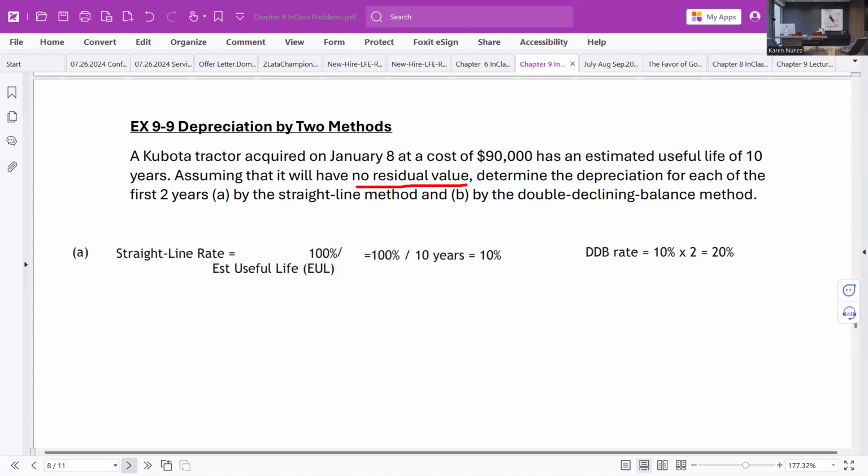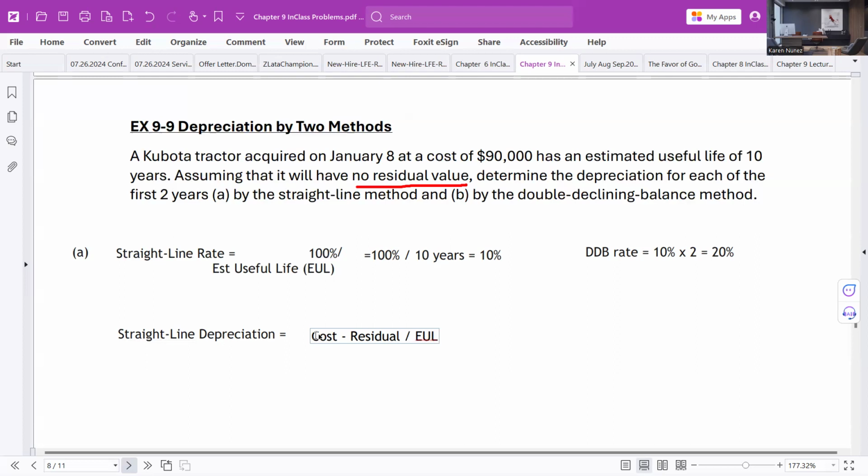So the straight line depreciation, again, is the depreciable cost. There again is no residual value. So the depreciable cost in this case, cost minus residual is what we would usually do. And then just divide by the estimated useful life.